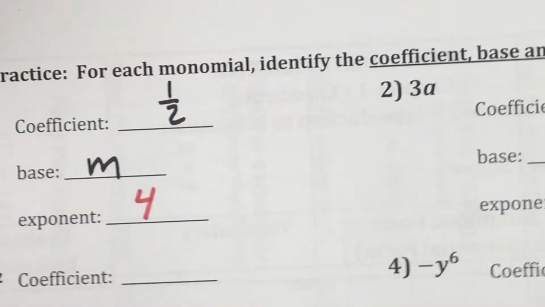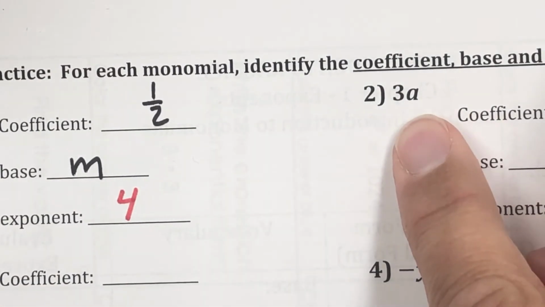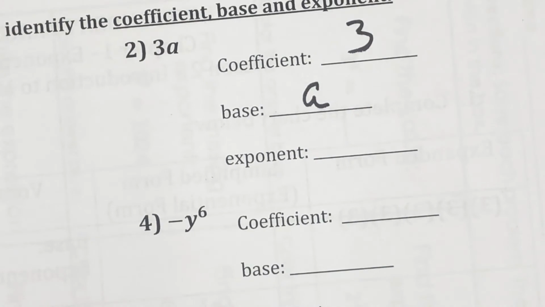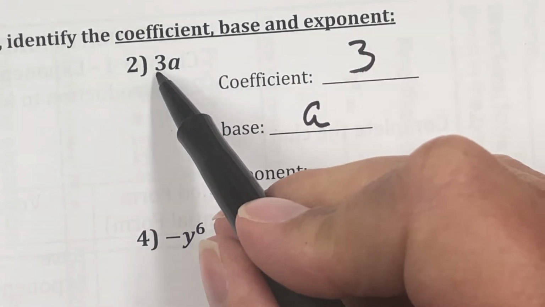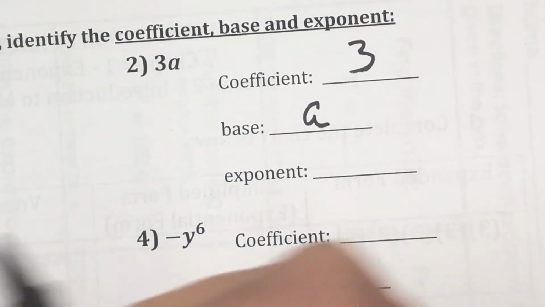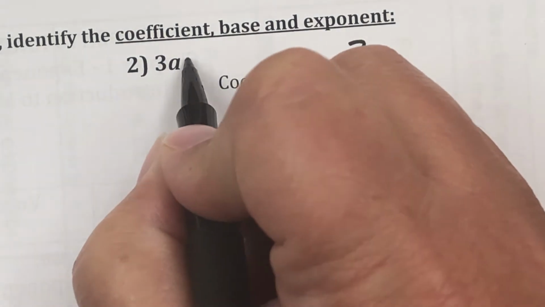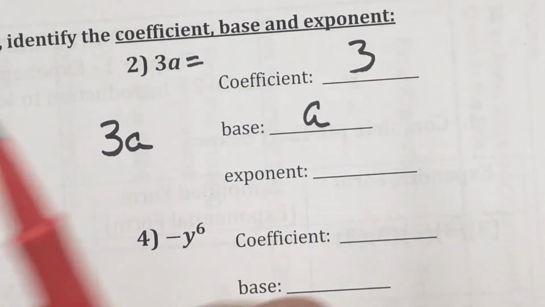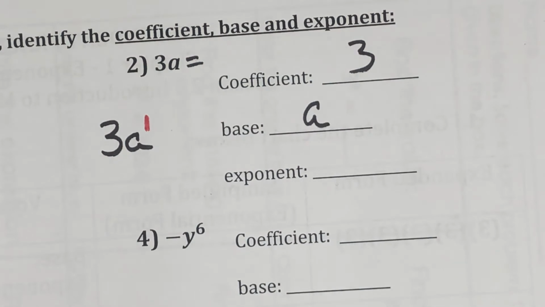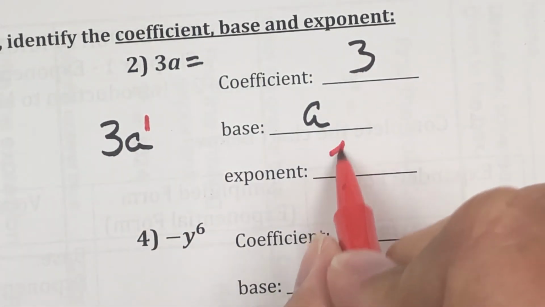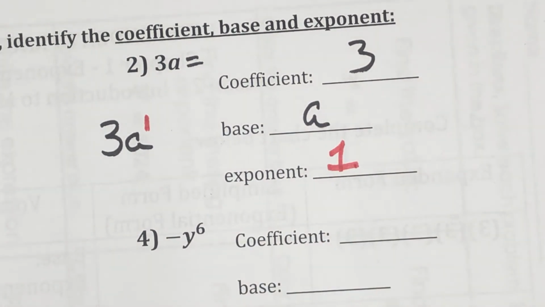For this one, my coefficient is 3, my base is a. Wait a second, you're not showing us anything. Here we go. My coefficient is 3, my base is a, but I don't seem to have an exponent. I can rewrite this as 3a and give my base a the exponent 1, because there's 1a here. So my exponent there is going to be 1.